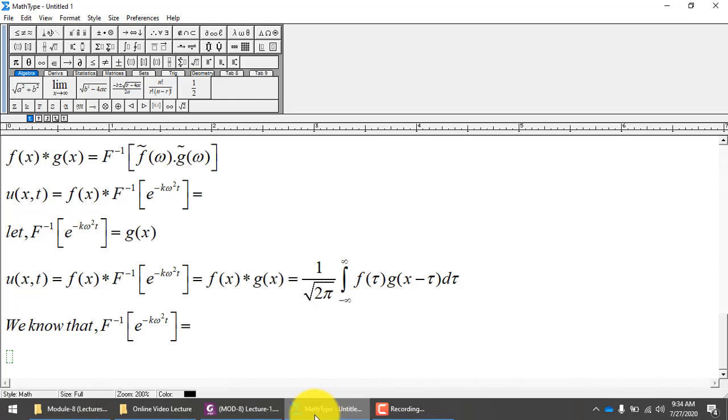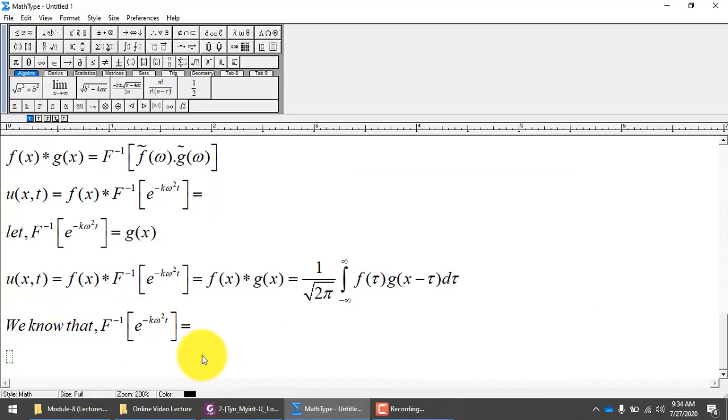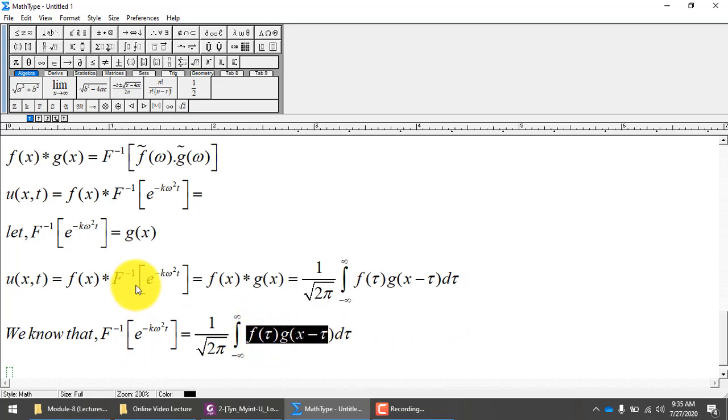So concluding the remarks, I am going to apply the definition of the Fourier inverse, because we don't know what the Fourier inverse is. So what will the answer be? The answer will be 1 over square root 2 pi, integral from minus infinity to infinity, and instead of that we will have e to power minus k omega square, and e to power plus iota omega x, because we don't know what the Fourier inverse is, but we are supposing that.